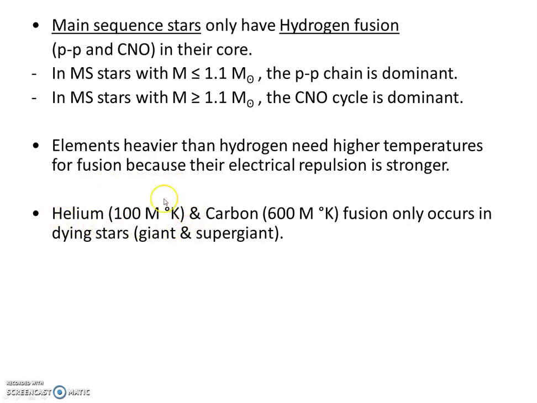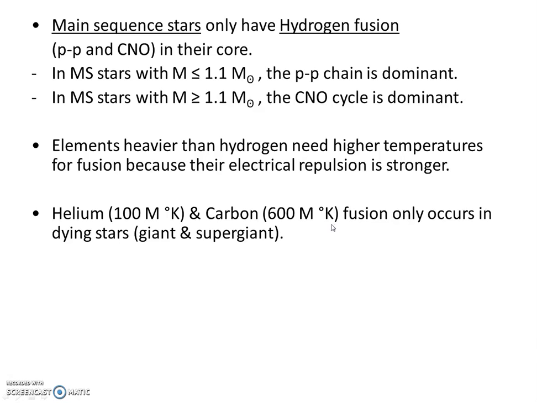So helium fusion occurs when a core temperature exceeds about 100 million degrees Kelvin. 100 million degrees Kelvin is hotter than even the highest mass main sequence stars, the ones at the tippy top of the main sequence, get to be. So you don't have any main sequence stars that have core temperatures of 100 million degrees. Carbon can fuse if you have 600 million degrees. There's no way you get anywhere near 600 million degrees in a main sequence star.